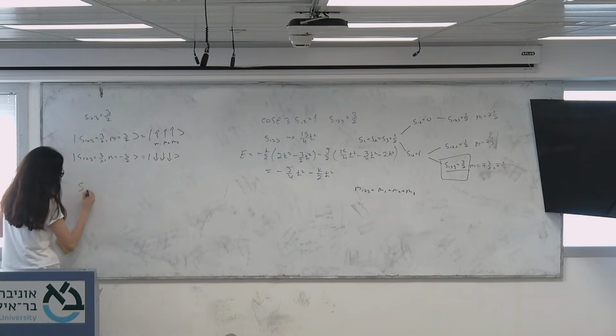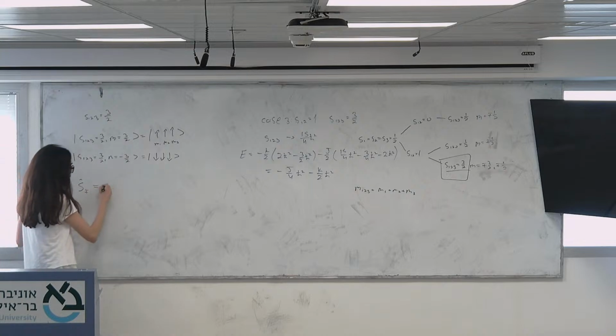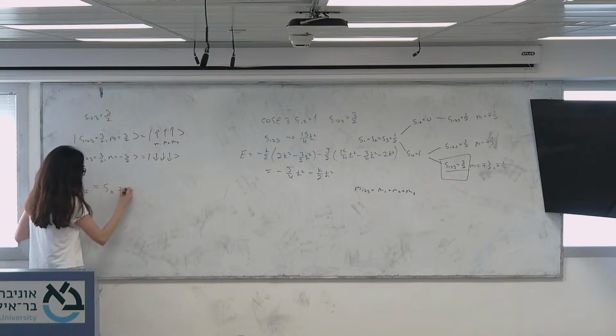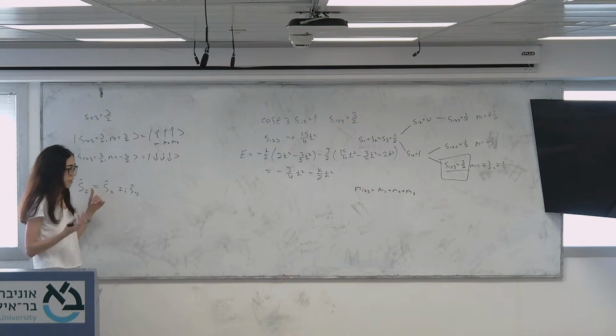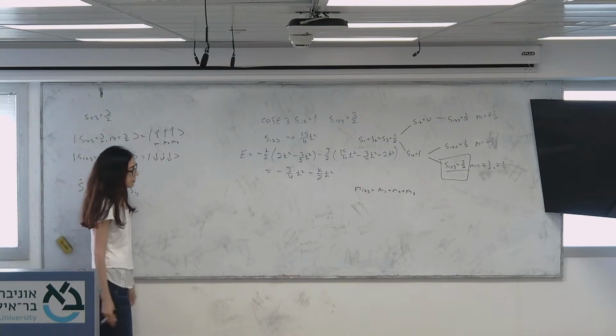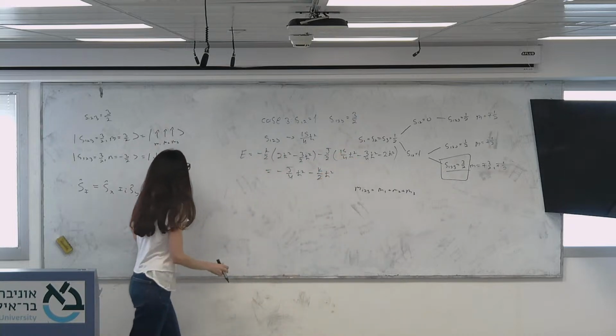If you remember, for spins, we can define the operator S plus minus, which will be Sx plus minus i Sy, where Sx and Sy are the x and y components of the spin operator.